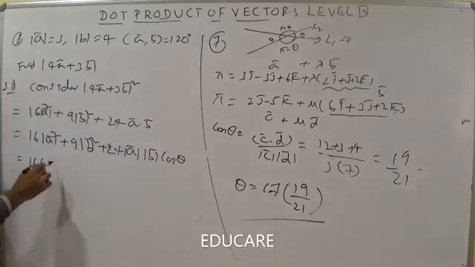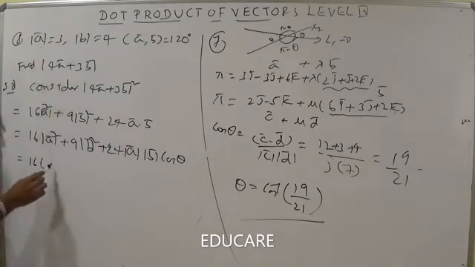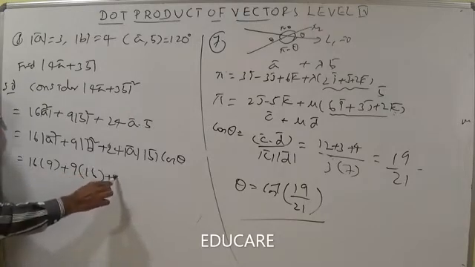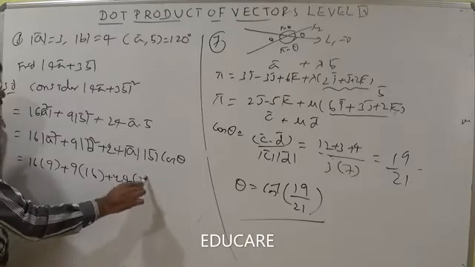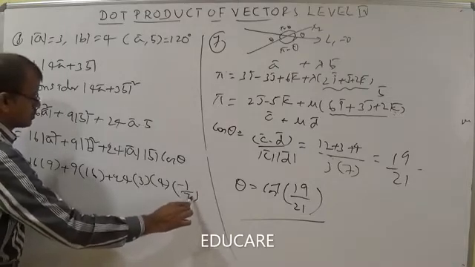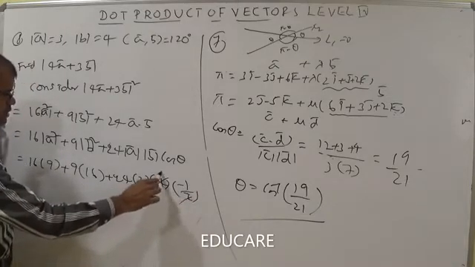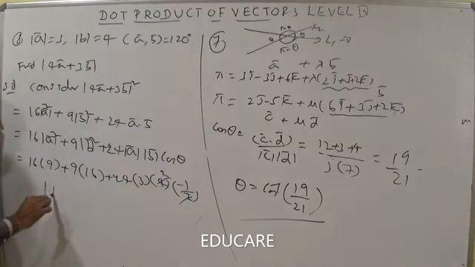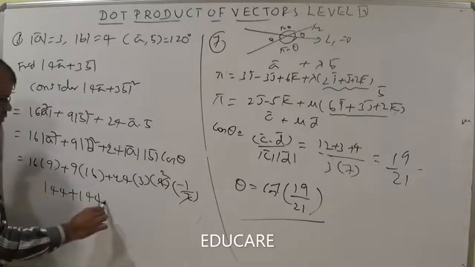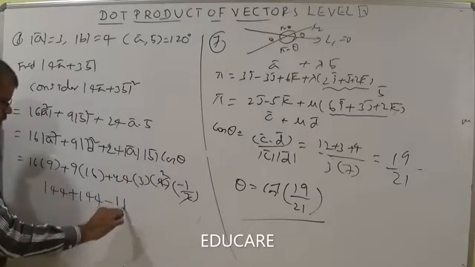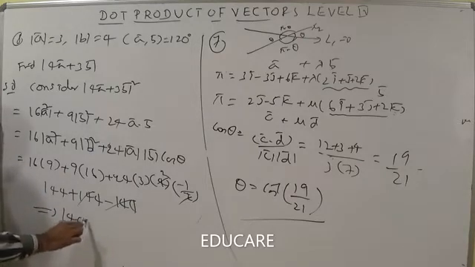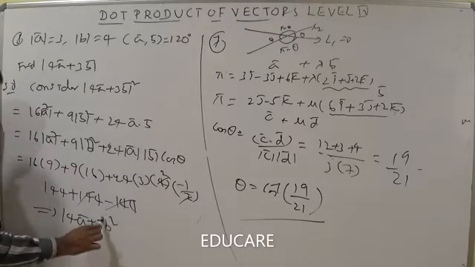That equals 16 into mod a bar, given as 3, 3 squared means 9, plus 9 into b bar squared, 16, plus 24 into mod a bar, which is 3, and this is 4, and cos 120 is minus 1 by 2. 16 9s are 144, plus again 9 16s are 144. 24 3s are 72. 72 into minus 1 by 2 gives minus 144, which cancels out. We got the value 144 for 4a bar plus 3b bar whole square.